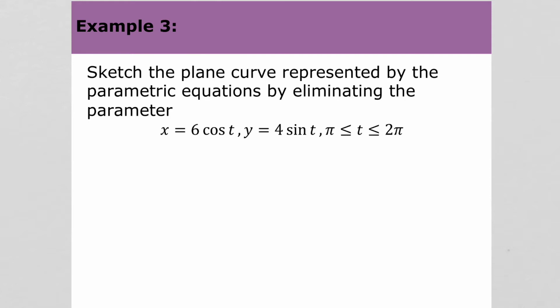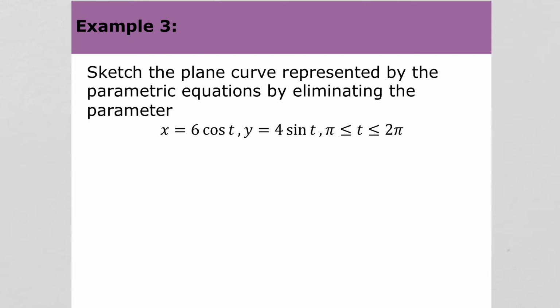Well, we've got cosine and we've got sine. Now, if they were both cosine, it'd be easy. We could solve for cosine, plug into the other one, or vice versa if they were both sine, but they're different. So we have to figure out some way, how are we going to deal with cosine and sine?